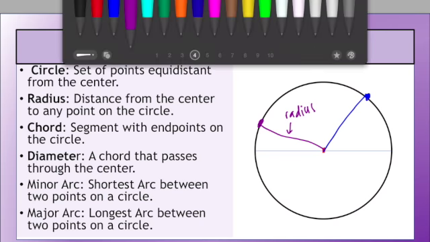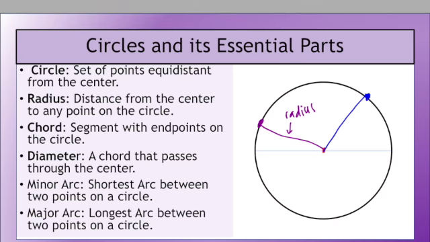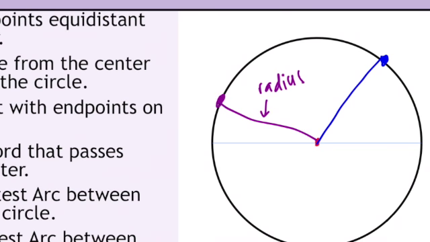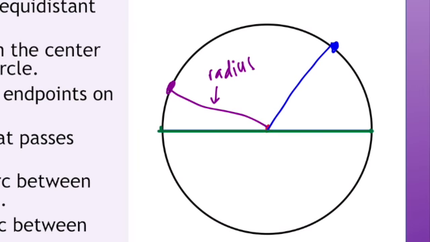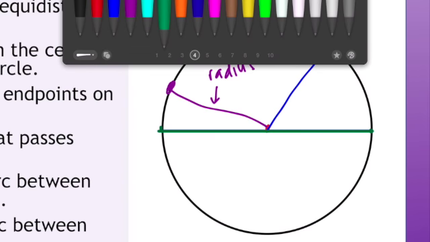So let me see if I can draw a straight line here. Let's do a different color. Let's do green. All right. So let me try the diameter. I pick a point on the circle here, picking a point on the circle there, and we're going to go straight across and go through the center, and that is known as my diameter. So this is going to be a diameter.